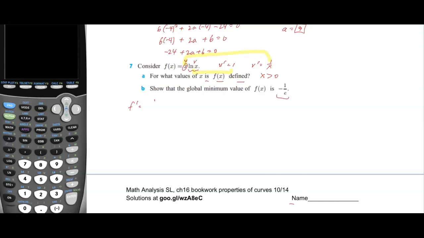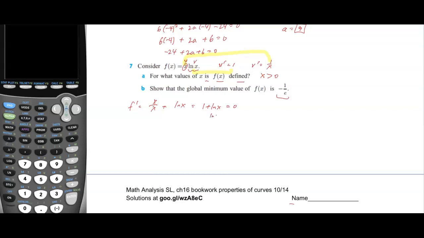So x times 1 over x plus natural log of x times 1. So basically that's 1 plus natural log of x. So that is our derivative function, 1 plus natural log of x. So are there any stationary points here?